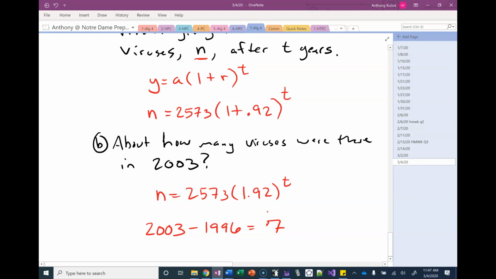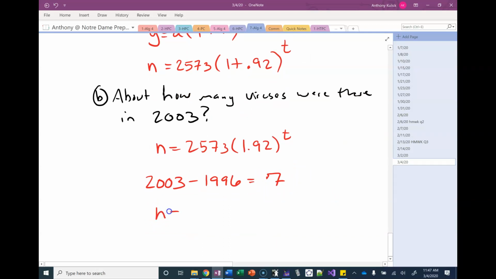If that date instead of 2003 had been 2002, it would be 6, etc. So that's why I'm going to plug 7 in for t. Yes. The t is going to be a length of time, not a year. It'll be a length of time, like 3 years, 5 years, 6 months, some length of time.